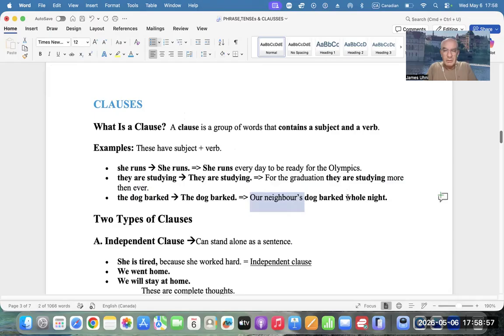Dog barked all night. Can we leave it that way? Sure we can. Dog barked is a clause.